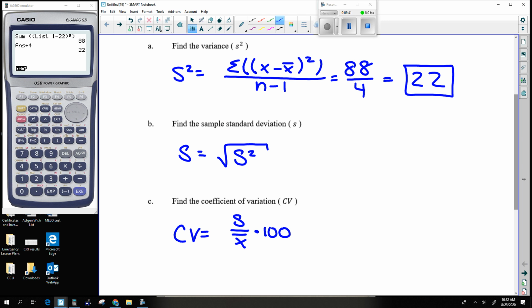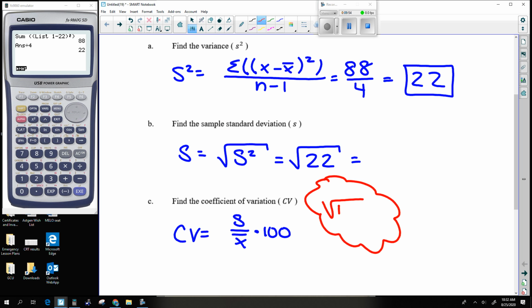That's just mathematical logic. So that means this is going to be the square root of 22, or in calculator speak, the square root of the answer that I have in my calculator right now. So square root of the answer.